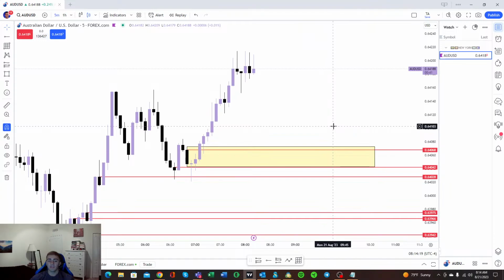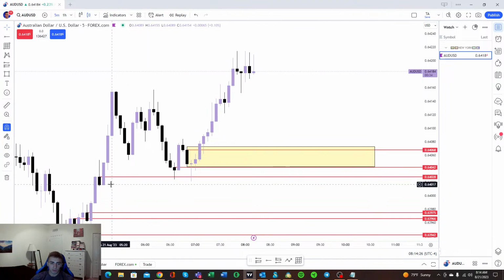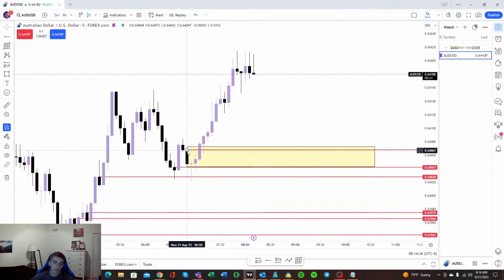However, it has not been accurate in my trading, but the lines have been extremely accurate. Instead of drawing a box around the whole candle, what I do is throw a horizontal ray at the very start of that candle. Since this is a bearish candle, it opened right here, so that's where I put the line, at the very open of that candle.